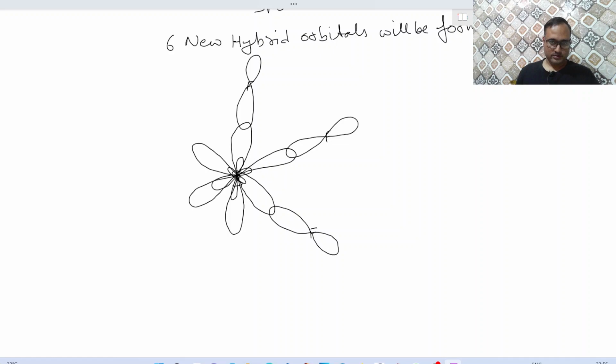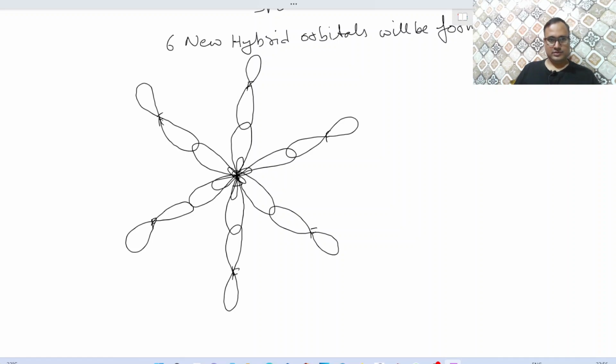One fluorine over here, then we have a fluorine atom over here, and a fluorine atom over here. So it appears something like this. All the angles in this will be 90 degrees, and this will be an octahedral geometry.